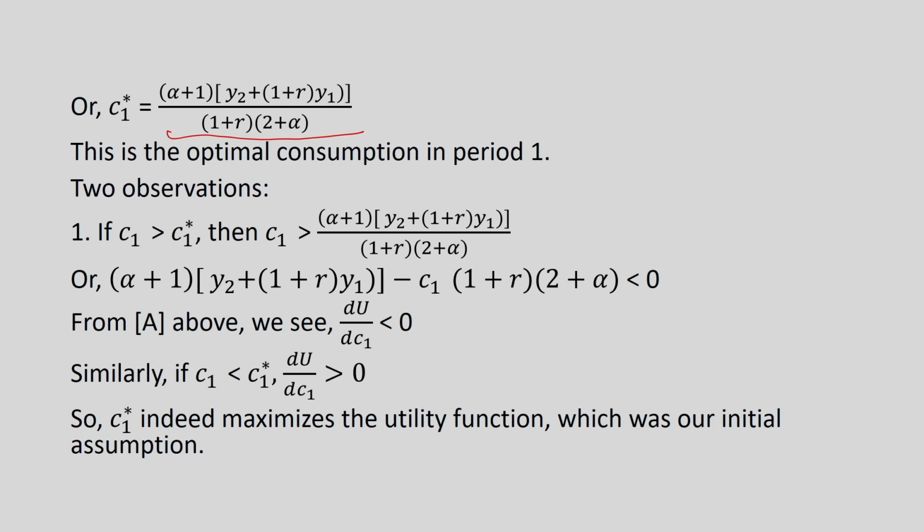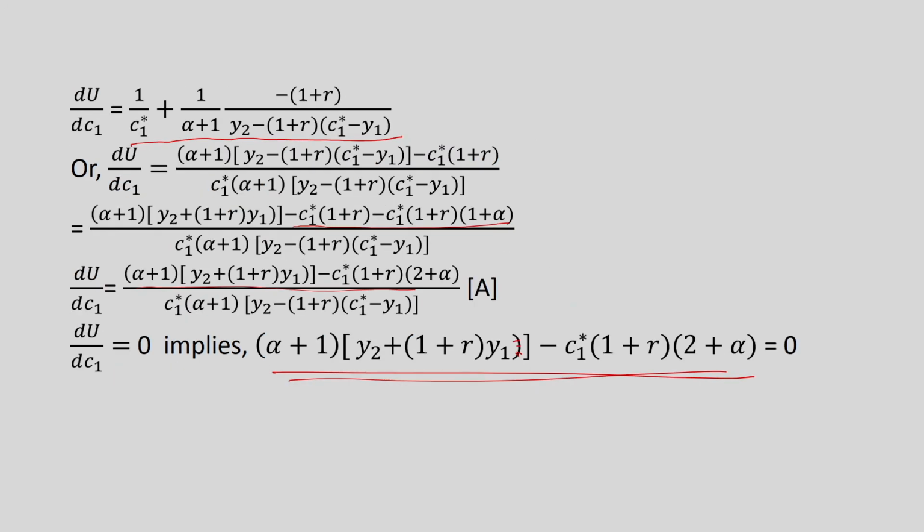there are two observations. Number one, if C1 is greater than C1 star, then what happens? I am just substituting C1 star on the right hand side, and this boils down to this condition. Just recall what is A: this is the derivative of the utility function with respect to C1.